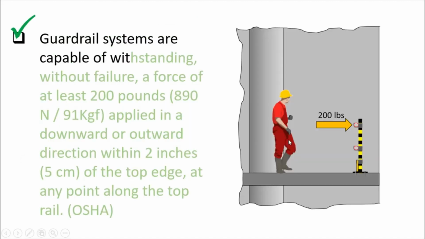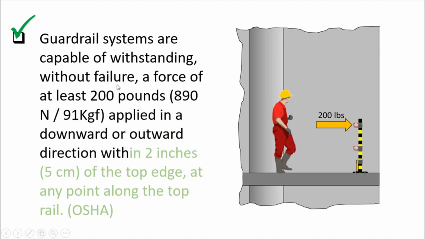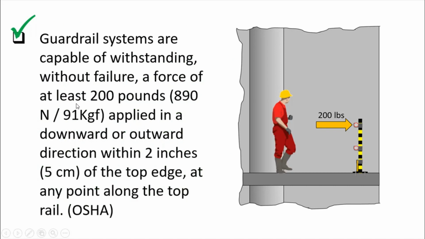The guardrail systems must be capable of withstanding without failure a force of at least 200 pounds, 800 Newton or 91 kilogram force applied in a downward or outward direction within 2 inches or 5 centimeters from the top edge at any point along the top rail. This is coming from the OSHA.